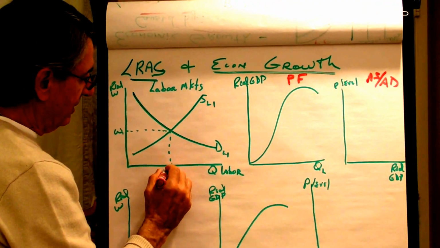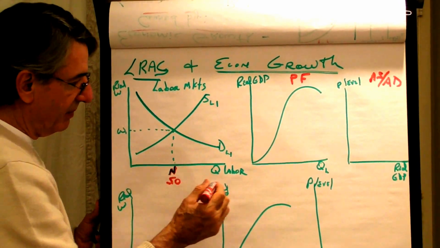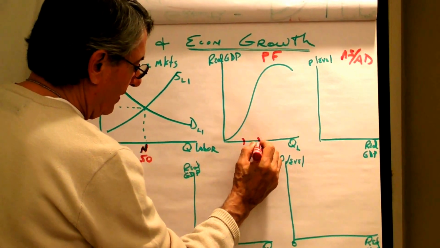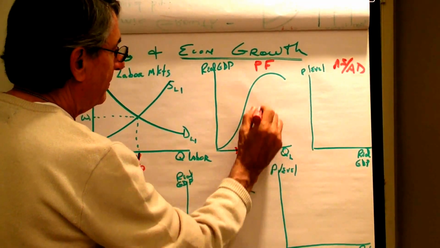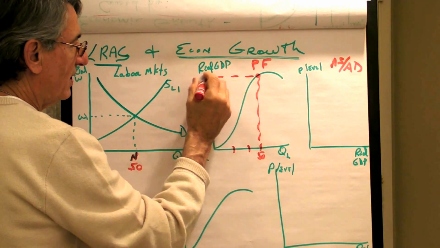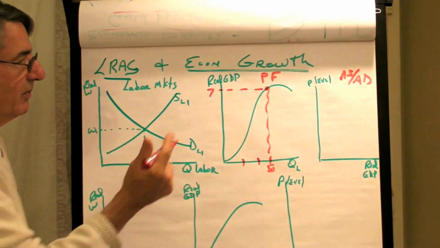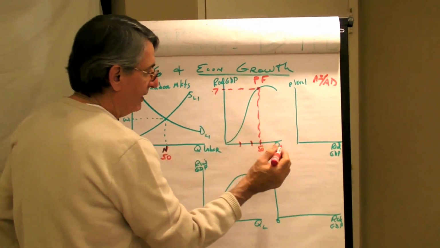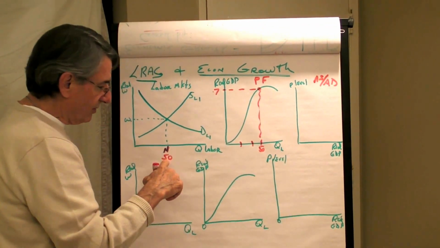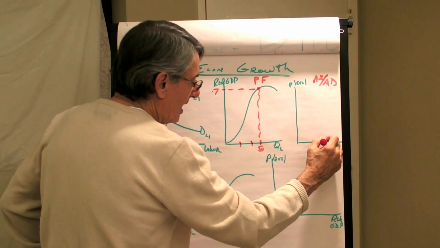If we take the natural level of output, say this is 50 million workers, as in the last example, and here's 30, 40, 50 million workers, we plug 50 million in, and this tells us that the real GDP will be $7 trillion worth of output. Well, natural level of output produces $7 trillion.